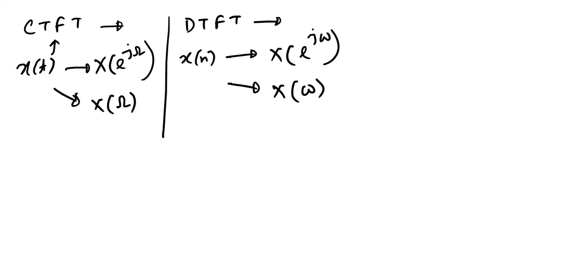In the last class, we tried to see the algorithm in detail, and we can write it this way: x[n] e^{-jωn}, and we need to go for the summation for n equals minus infinity to plus infinity.